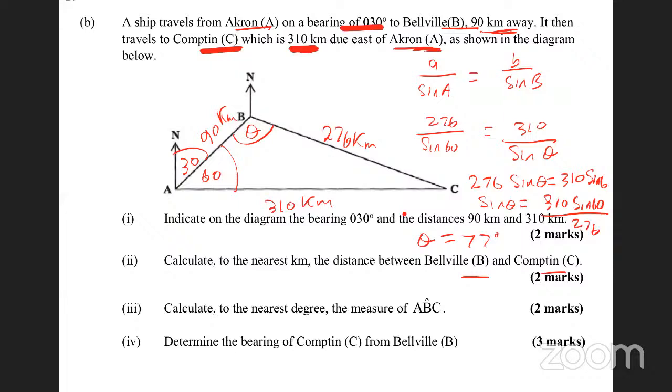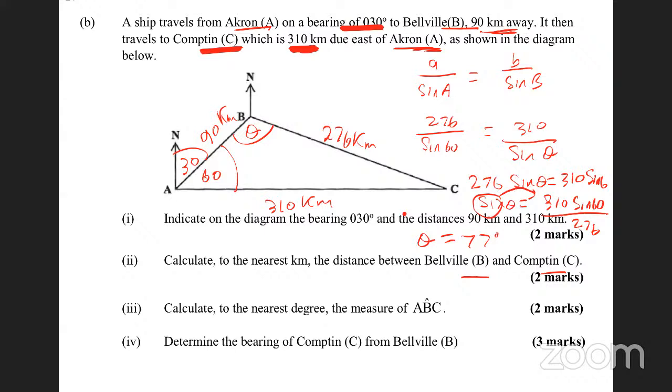So why do you use sine inverse? Because remember, you have to move sine across the equal sign. While you're working on that, why didn't I use 90 in the sine rule? Why did I choose 276 and 310?